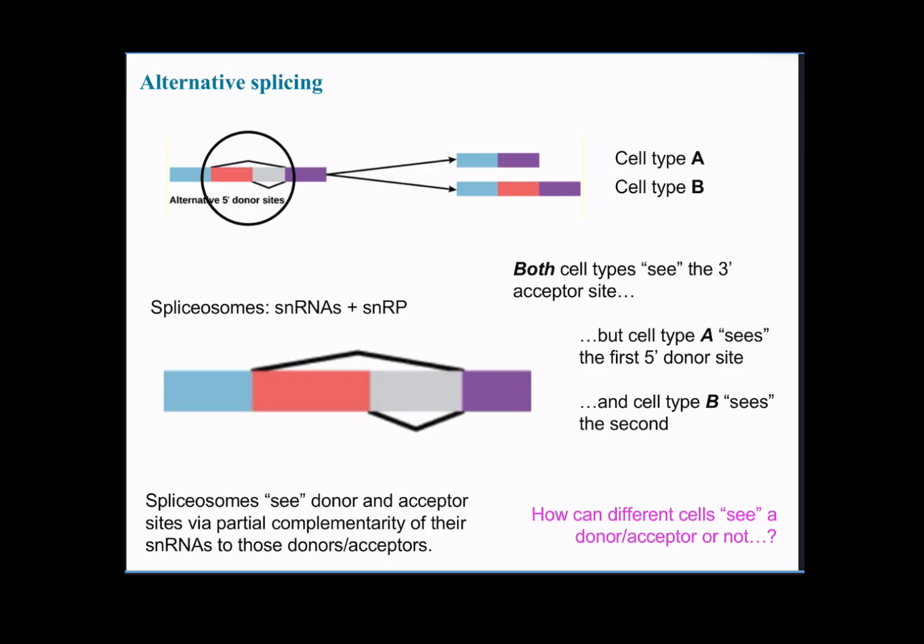But in this example, it's two different cell types, A and B. So these two cell types splice as shown in the diagram. So cell type A will splice exons 1 and 3 together, whereas cell type B will include exon 2.